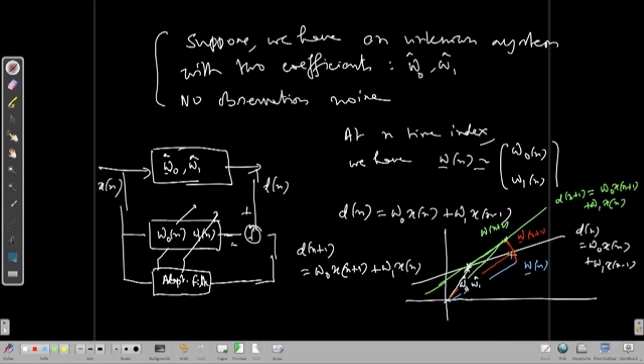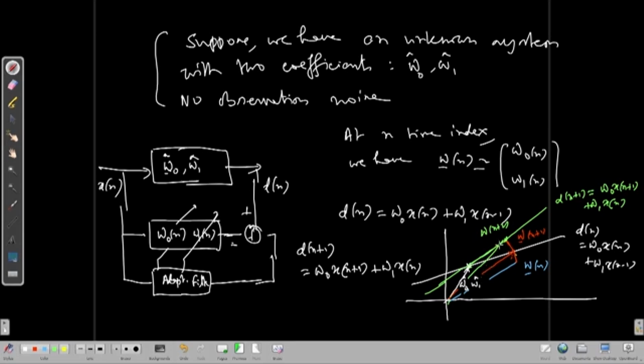That means this is the filter weight vector at time n, and this is the filter weight error vector, because Wn minus Wopt. So, this is the filter weight error vector at the nth clock. And again, what is this? This is the filter weight error vector, that is Wn plus 1 minus Wopt, at the n plus 1th clock. And now see, by this process the length has gone down.